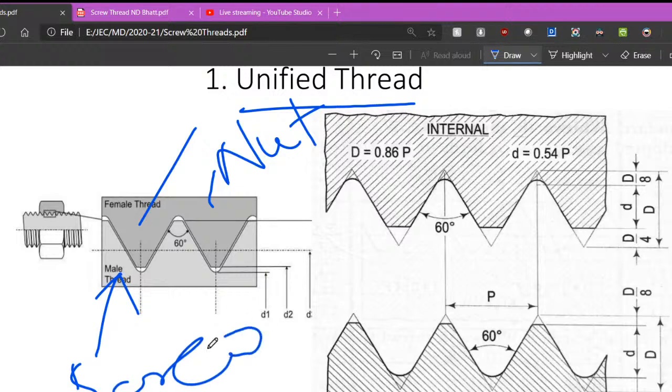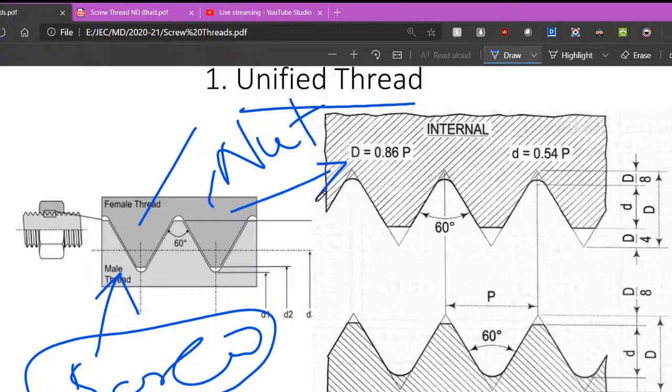So screw side thread is your external thread, nut side thread is your internal thread. For nut internal and for screw external.